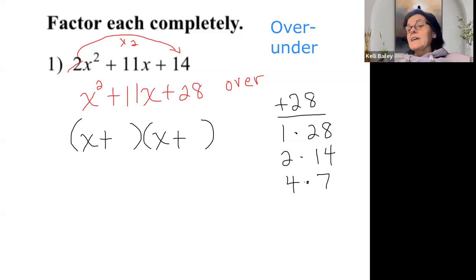Well, they have to add up to 11. That's not because of the plus 11; this one right here is why they have to add up to 11, that plus 28. We have the same sign, so they have to add up to 11. So again, I'm going to put my big number first because that's my habit. 7 there, 4 there.